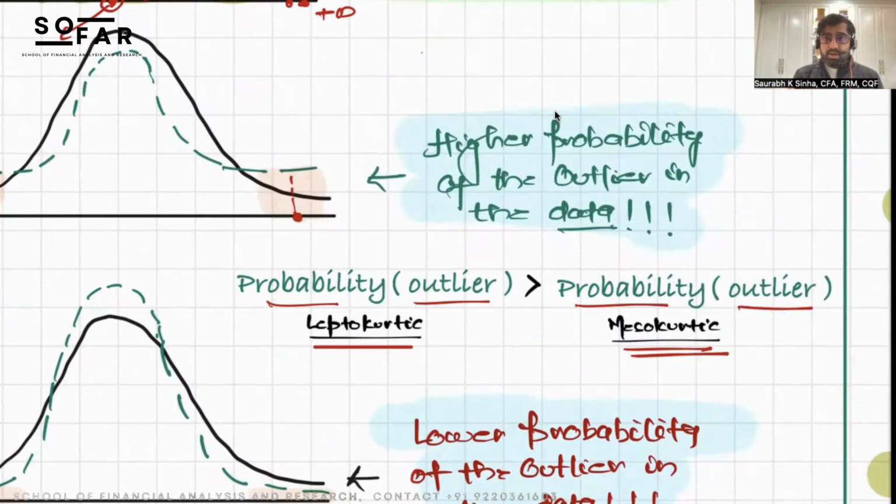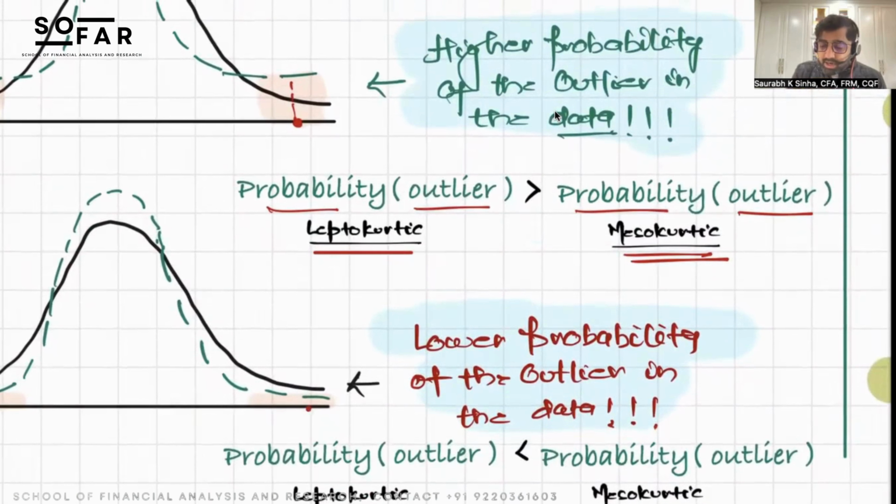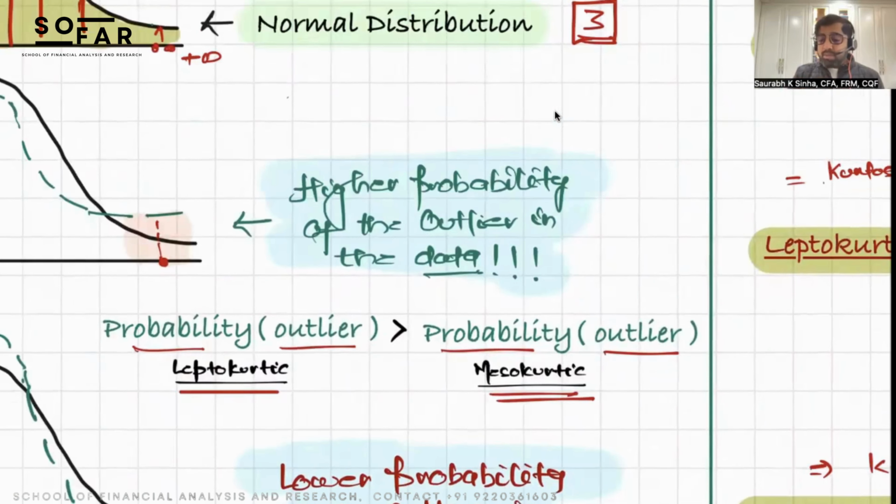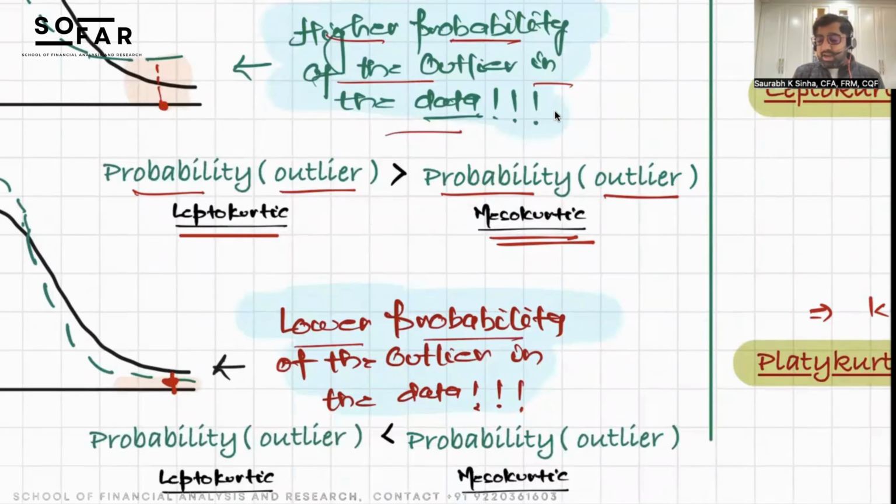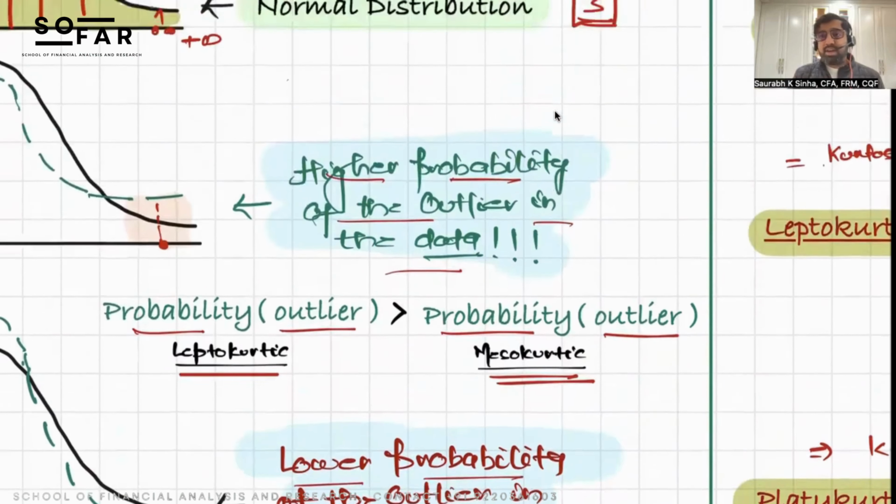If it has a thinner tail, then the probability of an outlier is lower than in a normally distributed data set. And that is the inference, or the meaning, of a fatter tail or thinner tail. A fatter tail means a higher probability of outliers in the data. A thinner tail means a lower probability of outliers in the data.